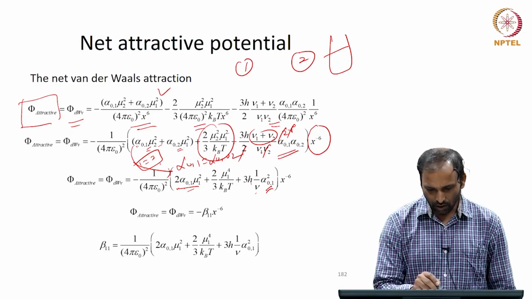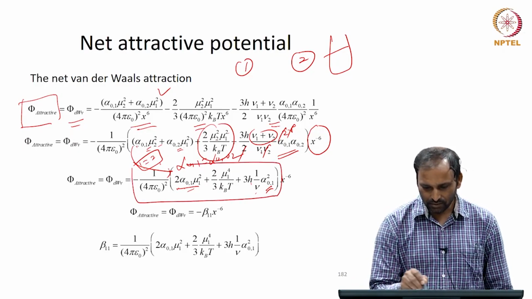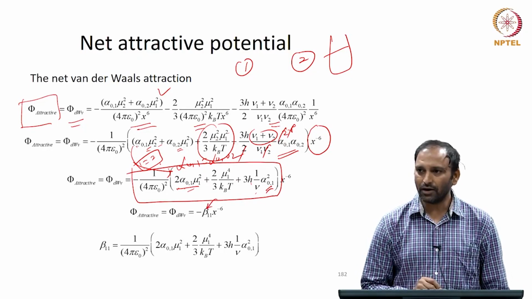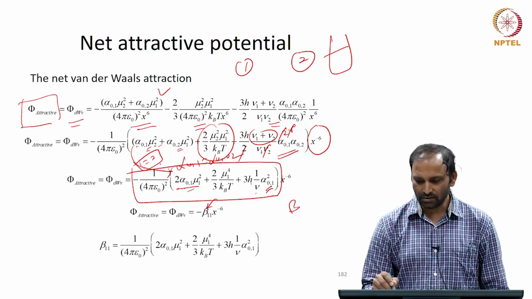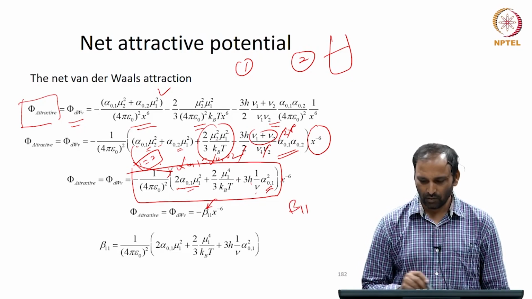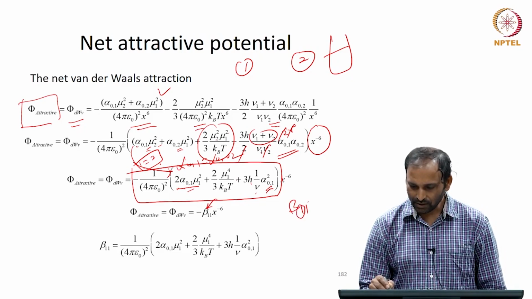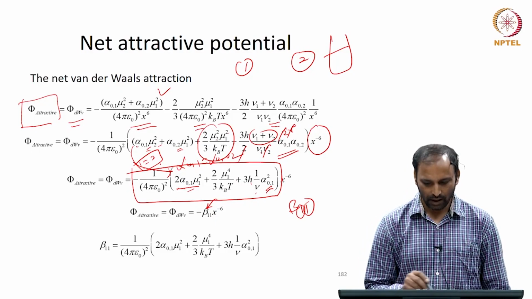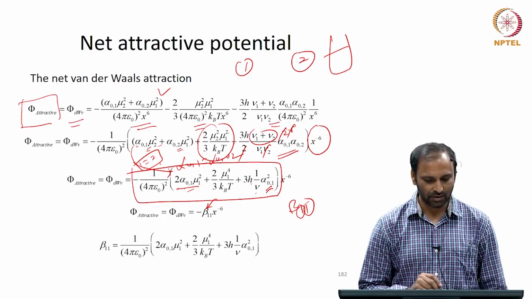Now, this prefactor is given as beta 1 1, because again it is an interaction between the same identical molecules, and that has x power minus 6.